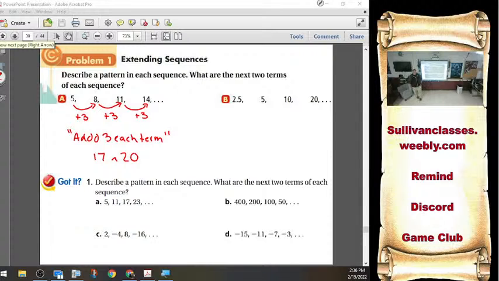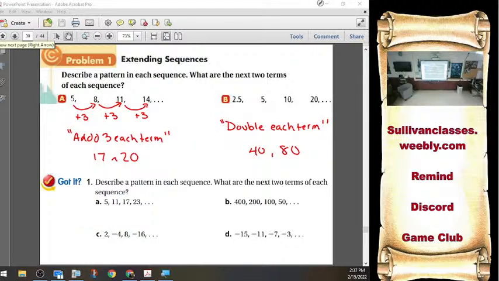Next one. Am I adding, subtracting, or multiplying by? So I would say I double each term. Or just take each term times 2. Whatever you want to write. So, double, double, 40, 80. You have 4 down there. Some have negatives, some don't. Some have decimals, some don't.